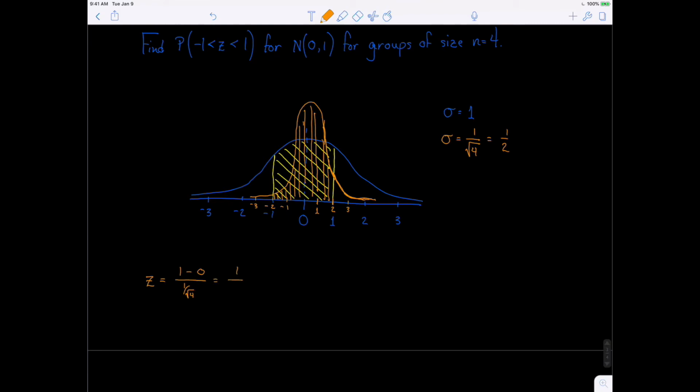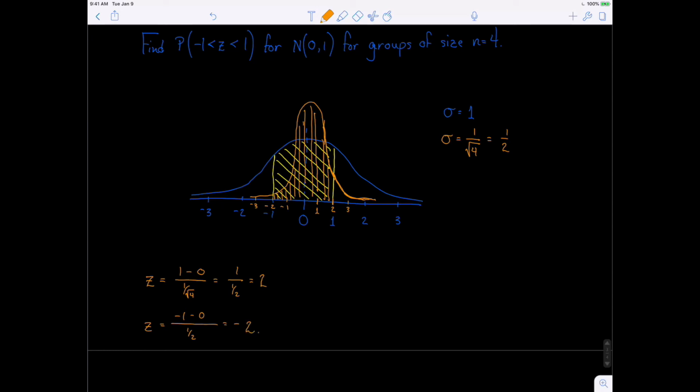So I take 1 divided by 1/2. Well, this is 2 now. And see how that matches with what we found above. My other data value is z equals -1 minus the mean of 0, divided by 1/2. So that's going to give me -2.